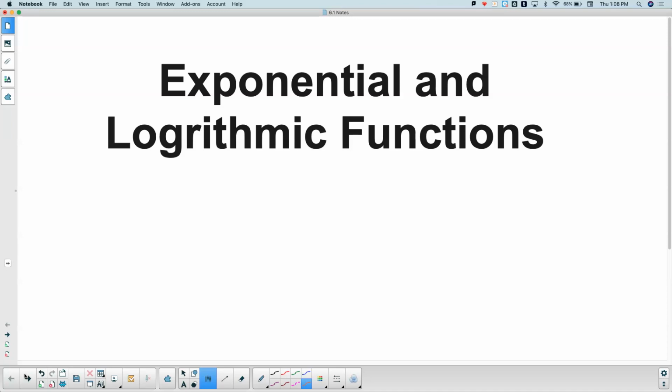My plan for this unit, since you've all done this before, we've done exponentials and logarithmics in Algebra 1 and in Algebra 2, we're going straight to solving.